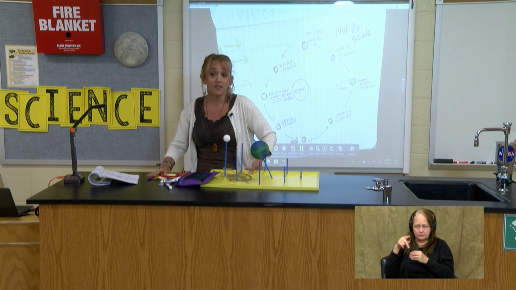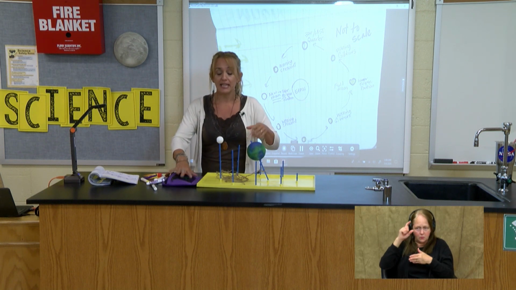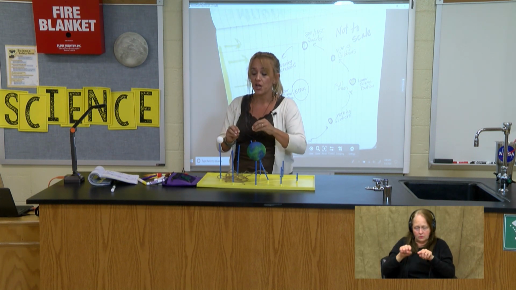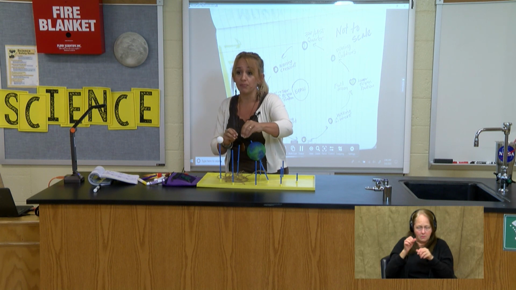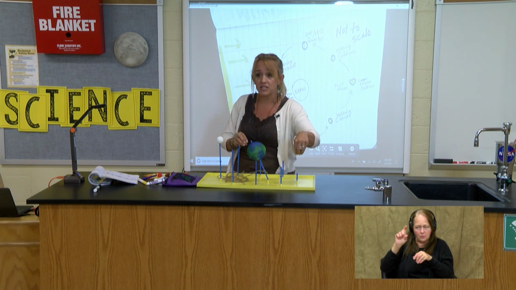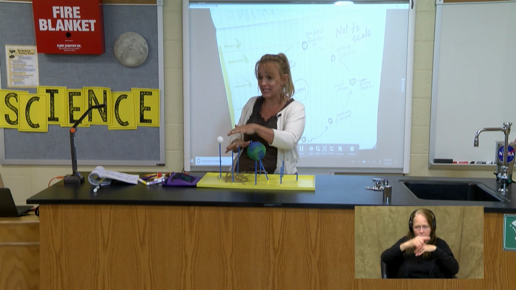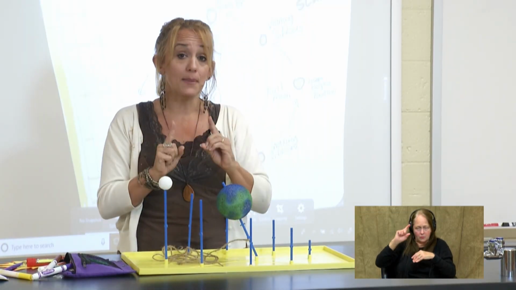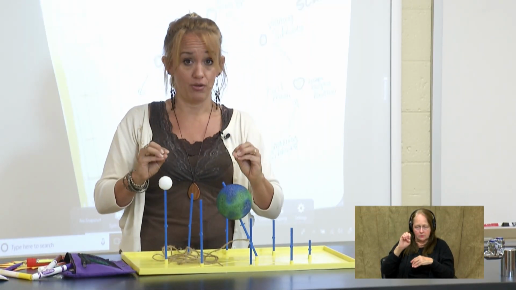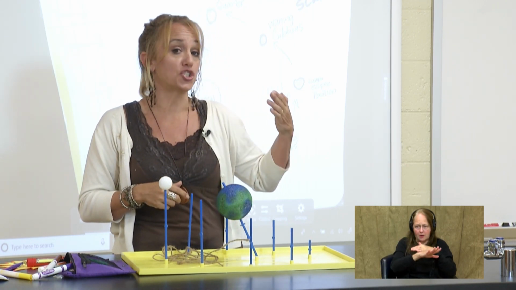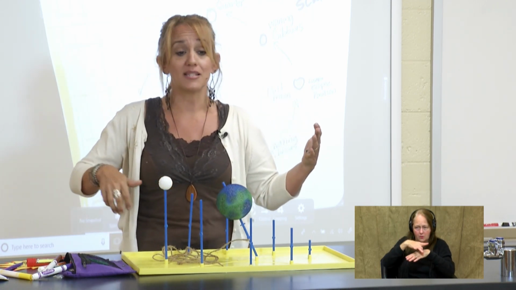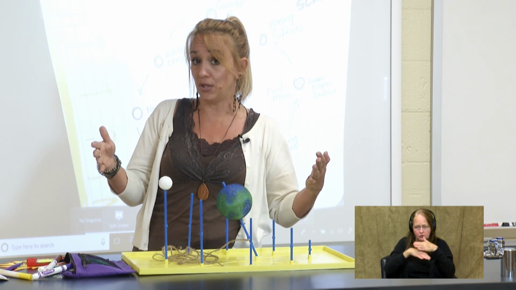The phases of the moon is a result of the motion of the moon as it orbits the earth and how much of the lit half we can see. Eclipses are about shadows. Sometimes it's the shadow of the earth, sometimes it's the shadow of the moon.